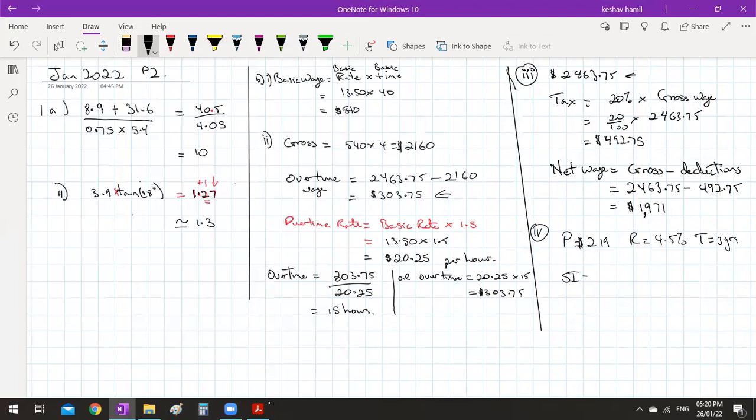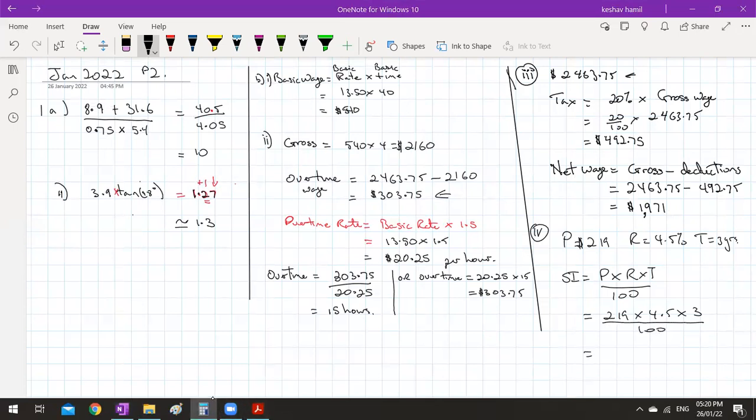We know the formula: principal times rate times time over 100. So 219 times 4.5 times 3 over 100.